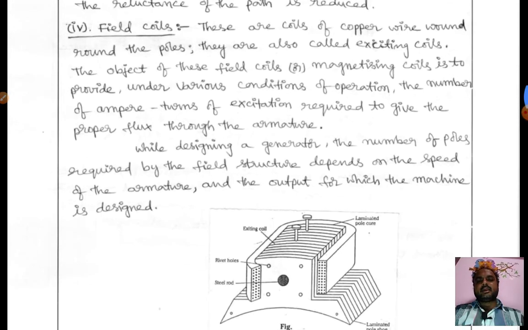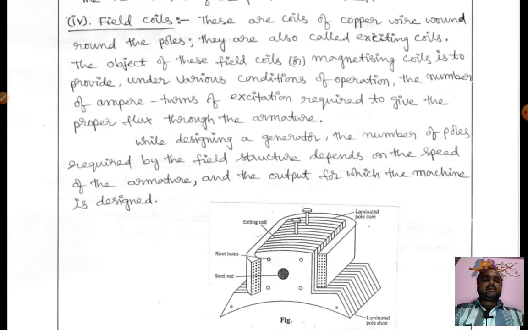Next one, field coils. These are coils of copper wire wound around the poles. They are also called exciting coils. The objective of these field coils or magnetizing coils is to provide, under various conditions of operation, the number of ampere turns of excitation required to give the proper flux through the armature.